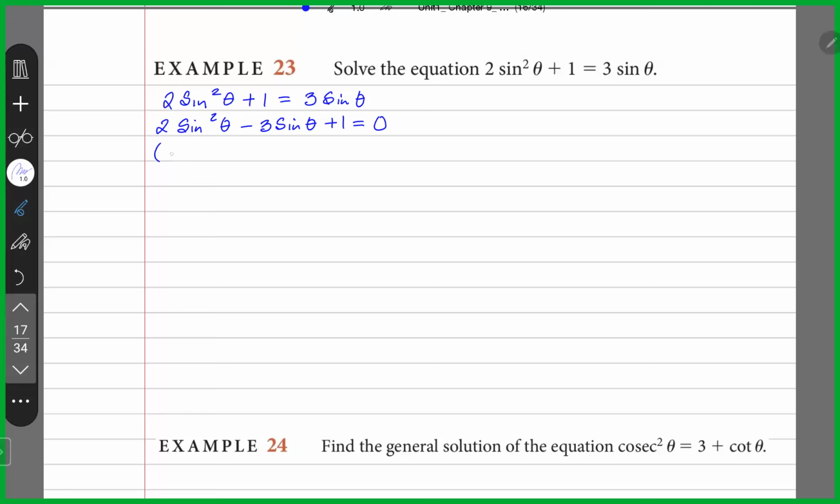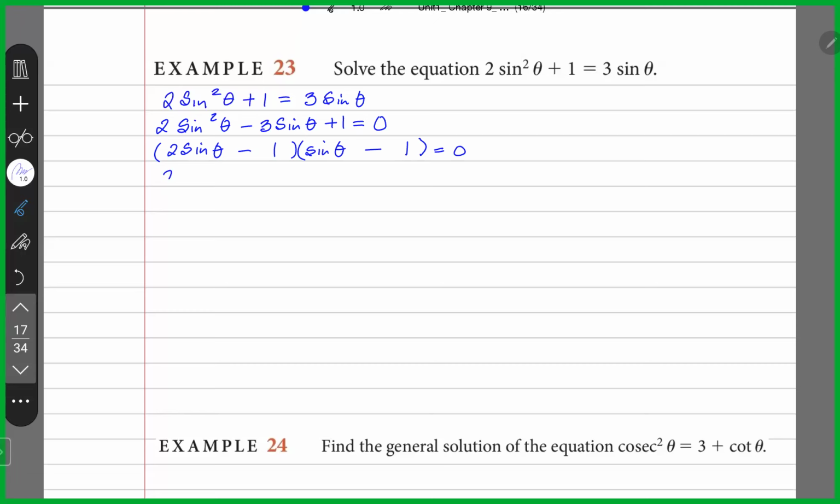Using the method of factorization, it's minus 1 is equal to 0.